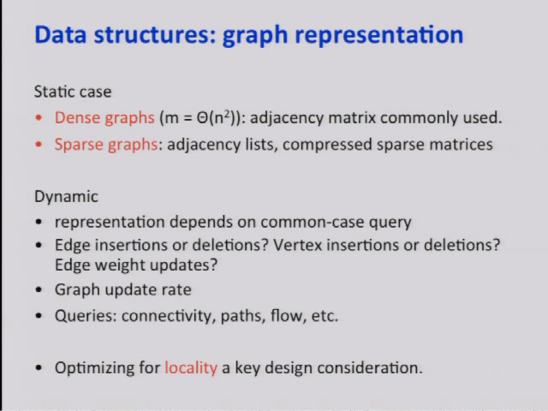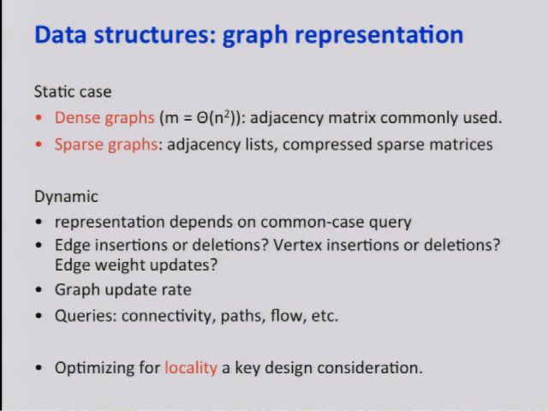OK, how do you represent graphs? Essentially, whenever you deal with an algorithm, data structures become one of the fundamental questions, because the right data structure can make a very complicated algorithm pretty trivial. So for the static case, if you have a dense graph, you just use an adjacency matrix, where the ij entry represents the edge that goes from the ith node to the jth node.